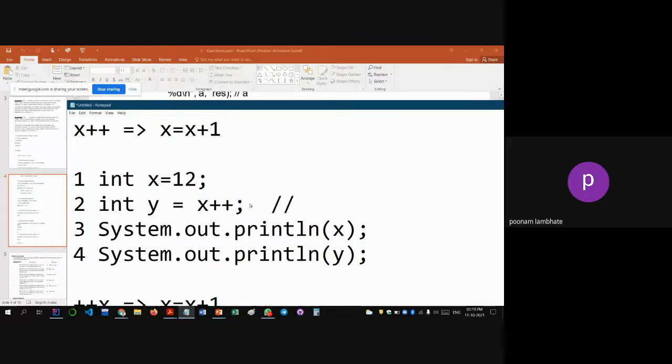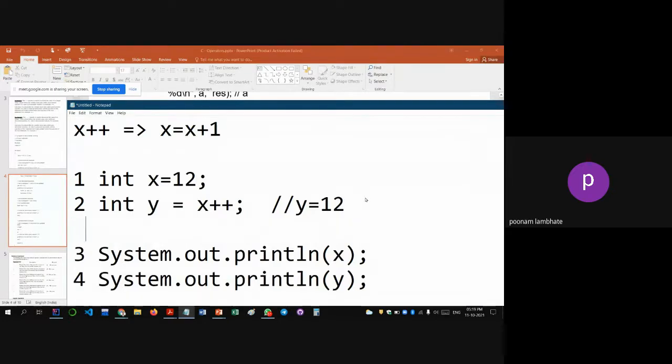I'll write in a comment for you to understand: y equal to 12. So the current value of x is 12, that will get stored in y. And after storing that 12 inside y, then x will become 13. So this is the difference.